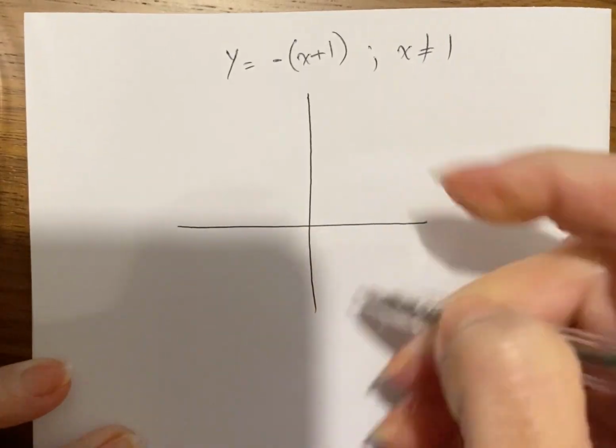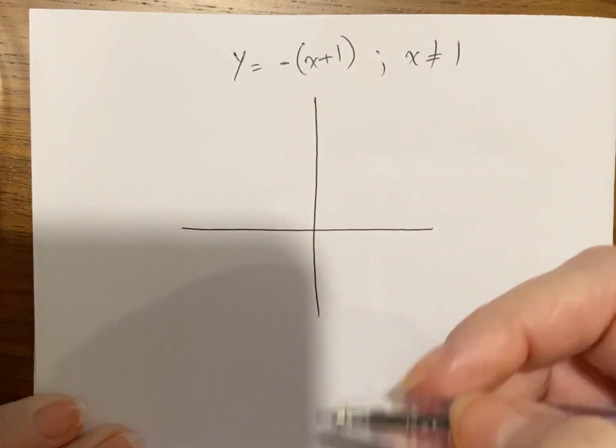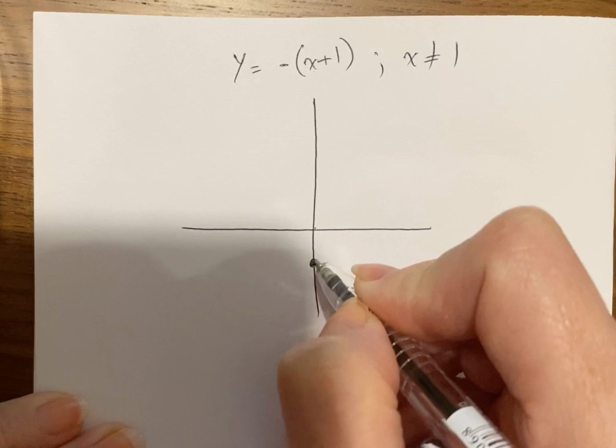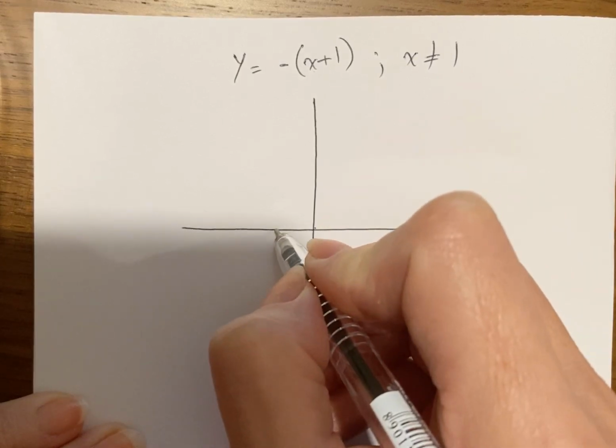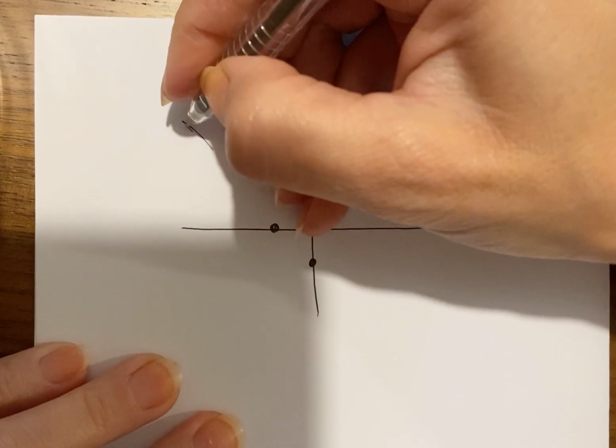Whereas at any other value other than 1, we can cancel x minus 1 with x minus 1 and we are left with this. At 0, it's minus 1. At minus 1, it's 0. So it's this straight line.